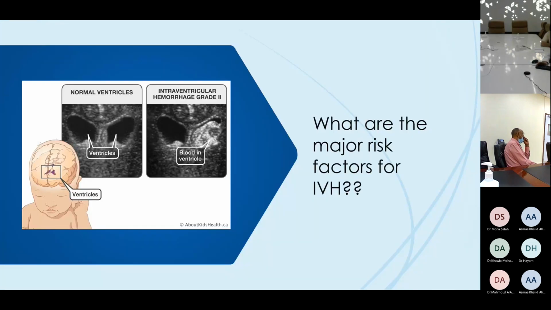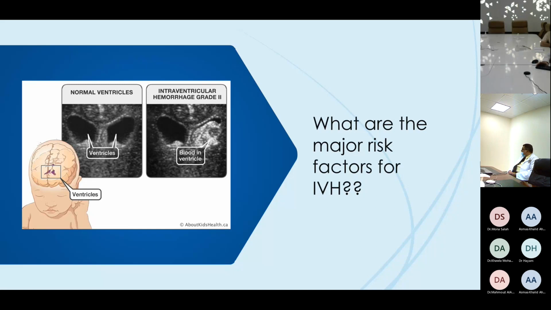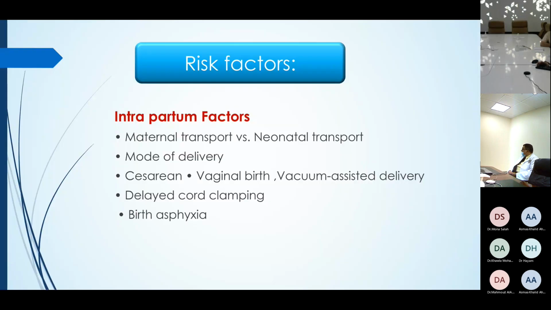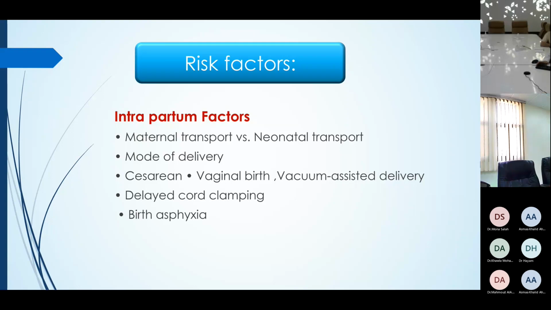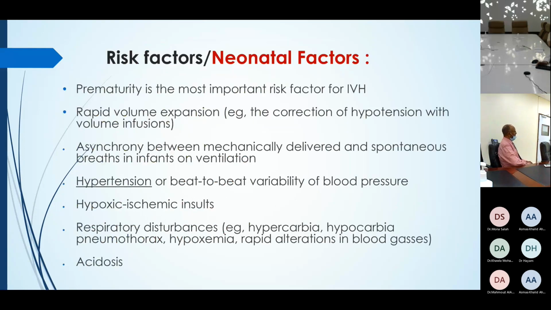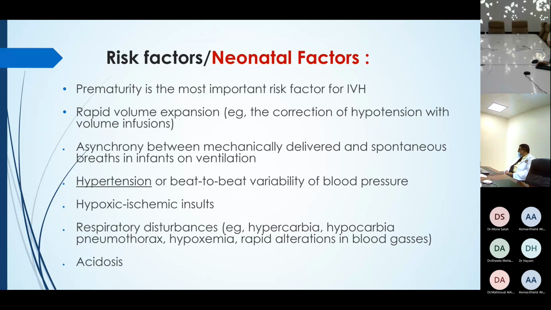So what are the major risk factors for IVH? We have intrapartum factors and neonatal factors. Intrapartum factors are related to maternal transport, neonatal transport, mode of delivery (cesarean, vaginal, vacuum-assisted delivery), delayed cord clamping, and birth asphyxia. Among neonatal factors, prematurity is the most important risk factor for IVH.